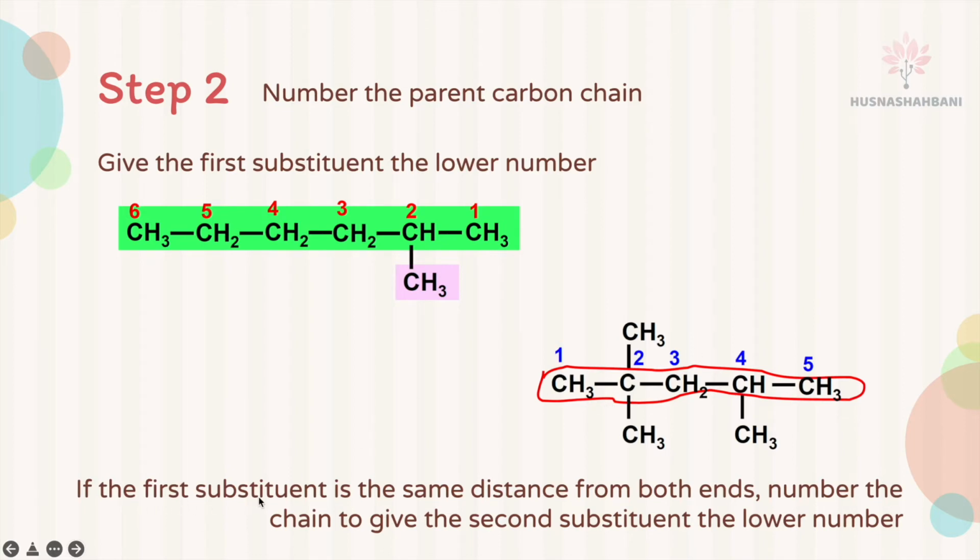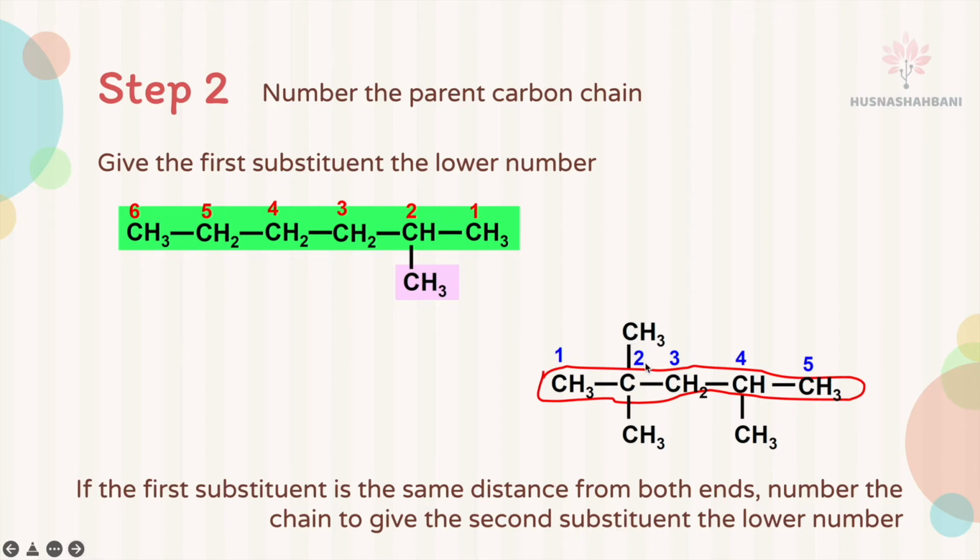So the first substituent is the same distance from both ends. If you put number 1 from the left or number 1 from the right, both substituents will get number 2. Same distance from both ends. So we have to number the chain to give the second substituent the lower number.